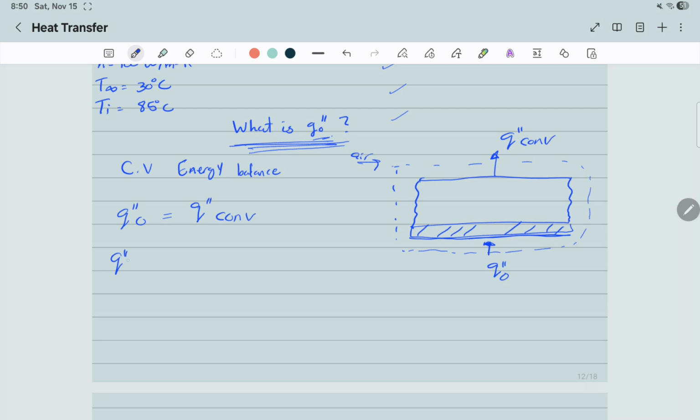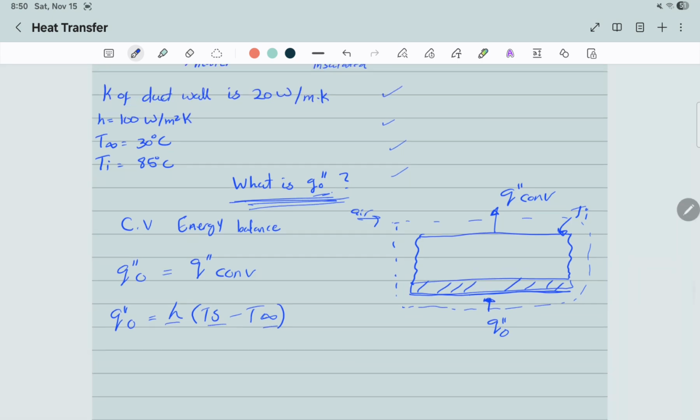Now we know heat flux of convection equals h(Ts − T∞). Ts is the surface temperature of the duct wall on the top. Now we can enter the numbers which are given.